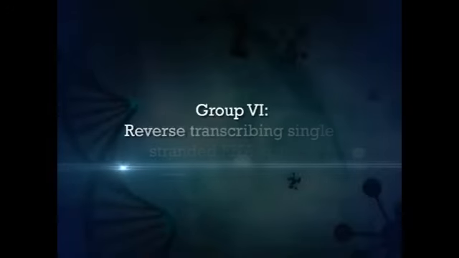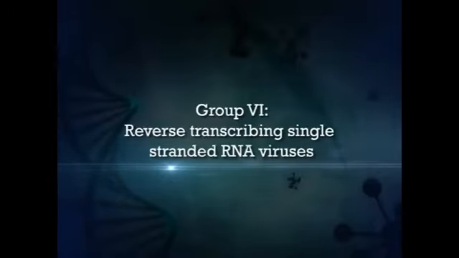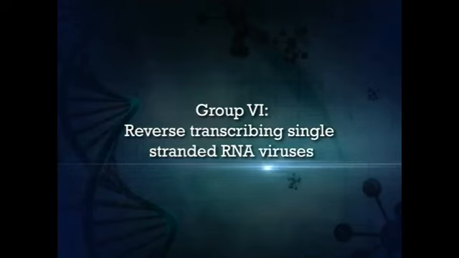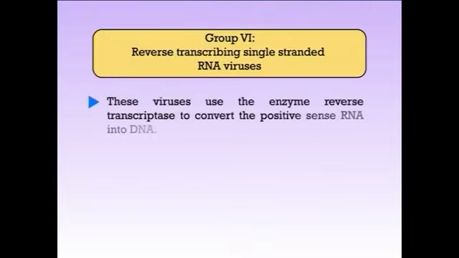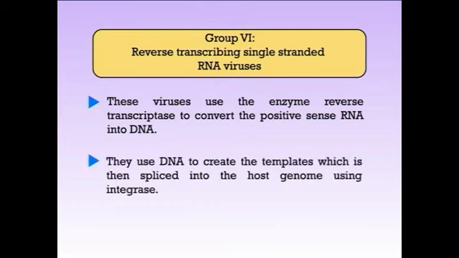Next, coming to Group 6 viruses, these include the reverse transcribing single-stranded RNA viruses. These viruses use the enzyme reverse transcriptase to convert the positive sense RNA into DNA. They use this DNA to create the template, which is then spliced into the host genome using integrase.